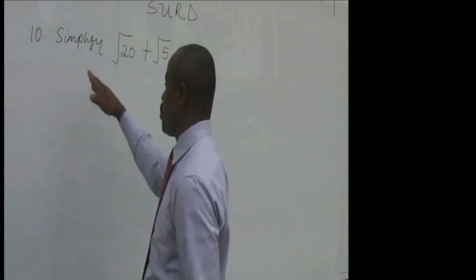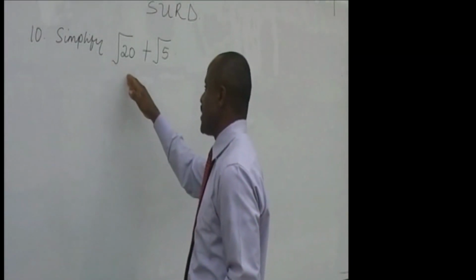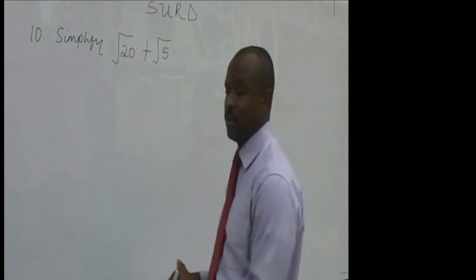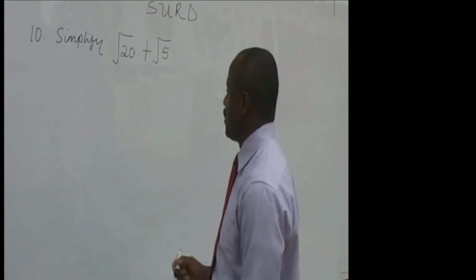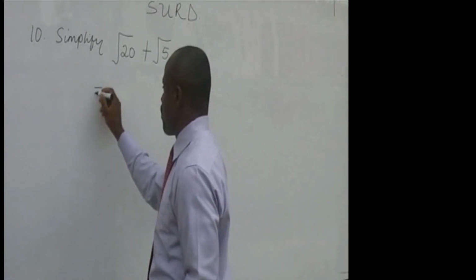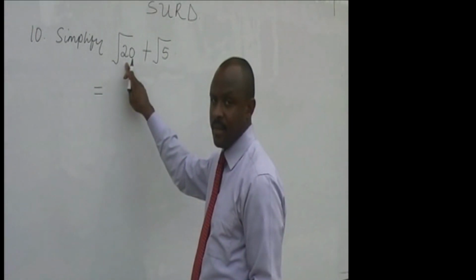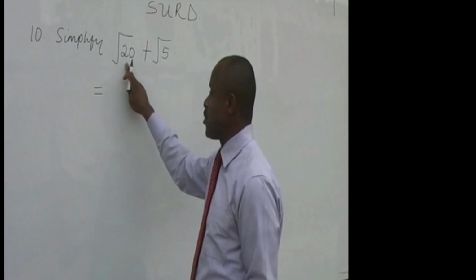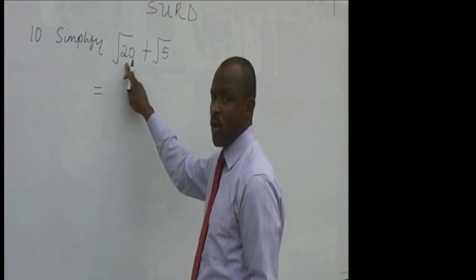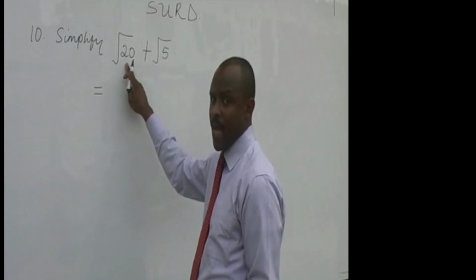Question number 10 says we should simplify root 20 plus root 5. In approaching that, try to split this out. You know that 20 is 4 times 5, and 4 is a perfect square.